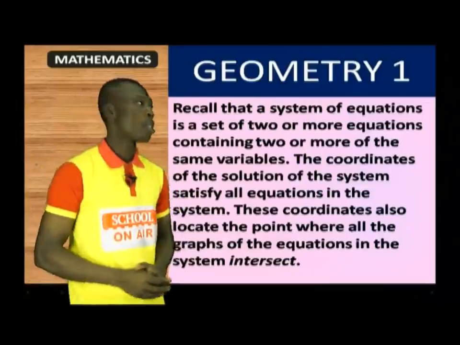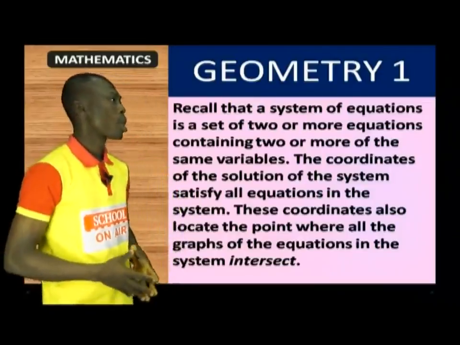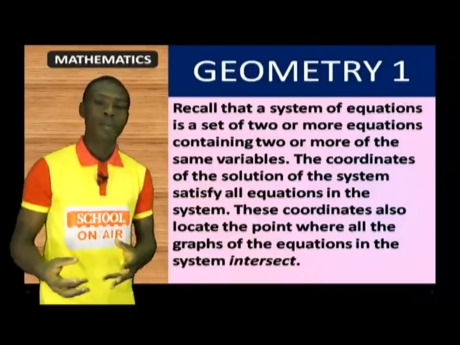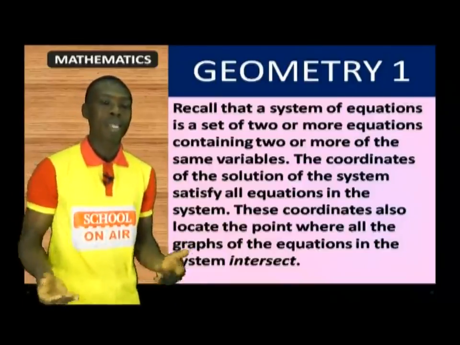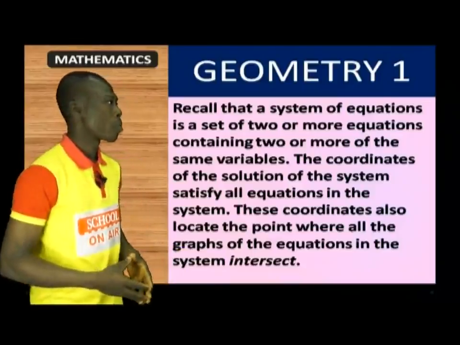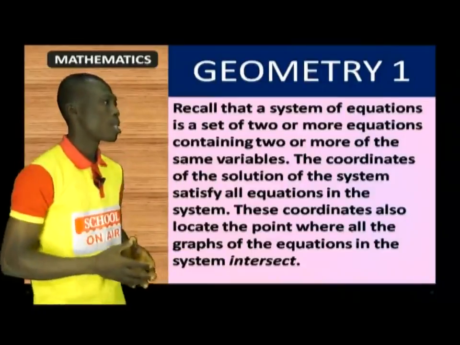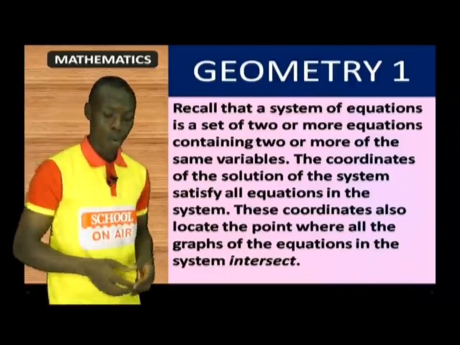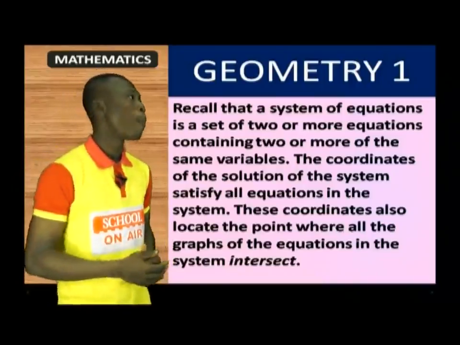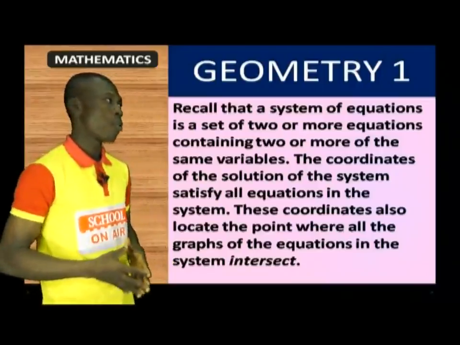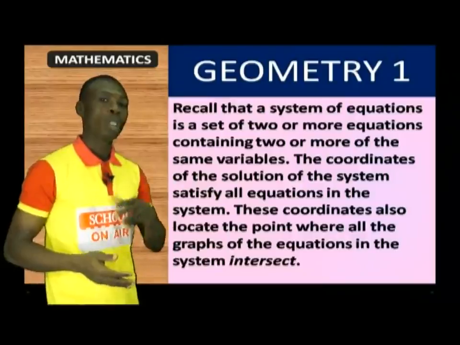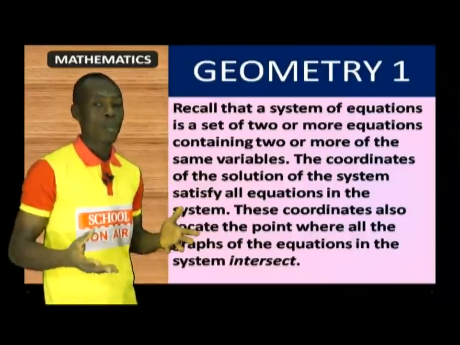Okay, so if that is taken, I want us to quickly recall some things about systems of equations, and then a set of planes and lines that we're going to be having, and how to deal with them. Recall that a system of equations is a set of 2 or more equations that contain 2 or more of the same variables. Remember, we've done that when dealing with algebraic simplification.